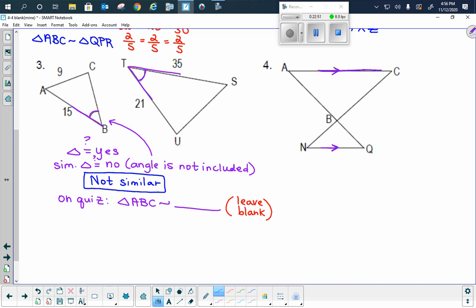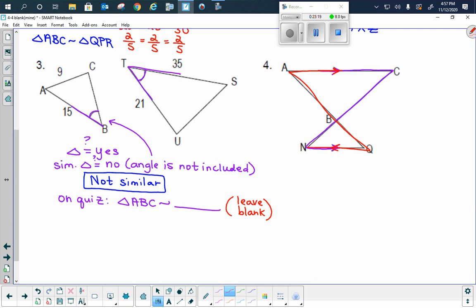I'm going to unhighlight this in a minute, but just to show you real quick, I hope you notice this forward Z with those arrows, which should tell you angle N and angle C are equal. Likewise, if you do a backward Z, that should tell you, because of the parallel lines again, that angle A and angle Q are equal because they would be alternate interior angles.